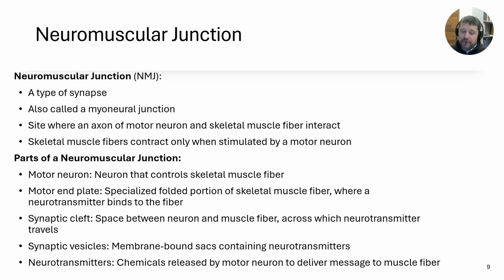The synaptic vesicle is what's holding the sacs that are holding the neurotransmitter. They're membrane-bound sacs that contain neurotransmitters. And neurotransmitters are the chemicals that are going to be released to deliver a message to the muscle fiber.